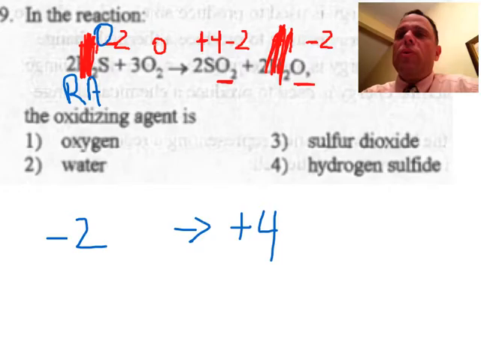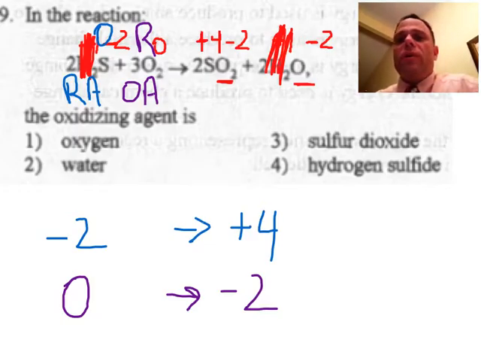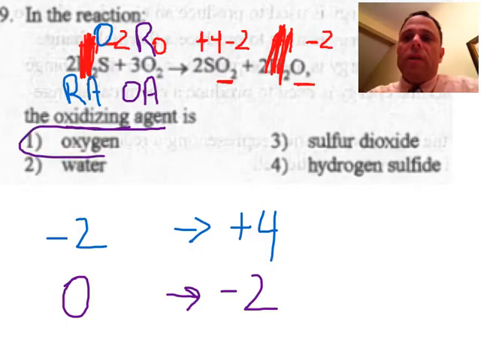As opposed to the oxygen, which is moving from a 0 to a -2. The number is going down. The oxygen is being reduced. Therefore, it must be the oxidizing agent because it helps the other substance do its job. So, in this case, the oxidizing agent is the oxygen.